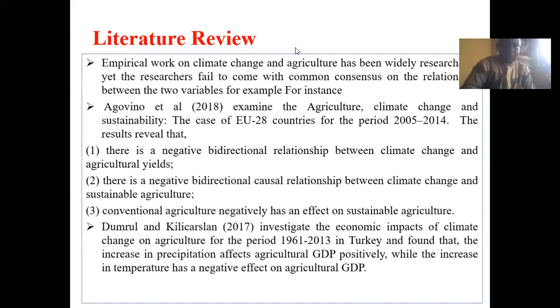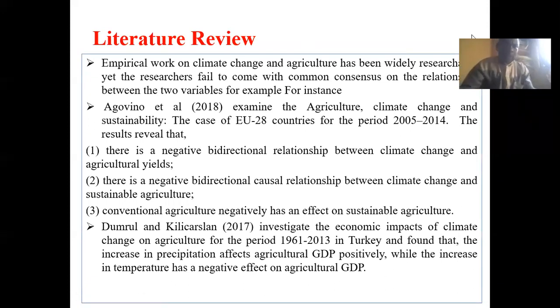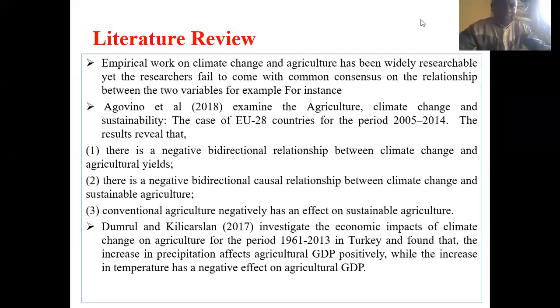Literature review. We managed to review some of the latest literature, like Agobino et al. He said that there is a negative bidirectional relationship between climate change and agricultural yield. And there is a negative bidirectional causal relationship between climate change and sustainable agriculture; conventional agriculture negatively affects sustainable agriculture.